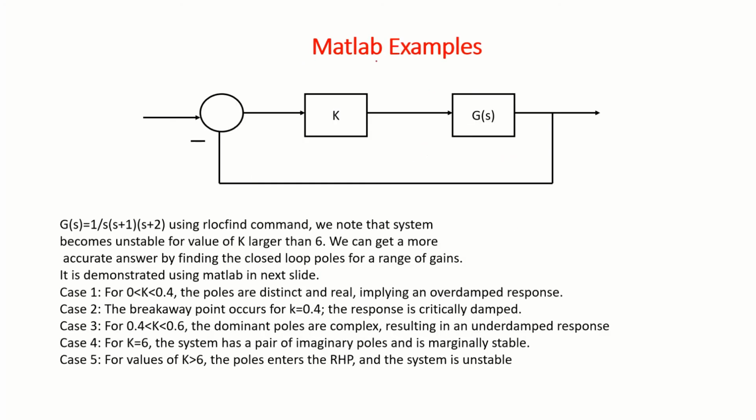So I have taken a MATLAB example. Here I have given G(s) equal to 1 by (s plus 1)(s plus 2). We can see here for different cases I have demonstrated how exactly the system responds: for k lying in the range of 0 to 0.4, again 0.4 to 6, and k greater than 6.